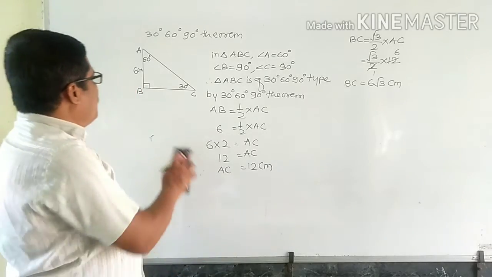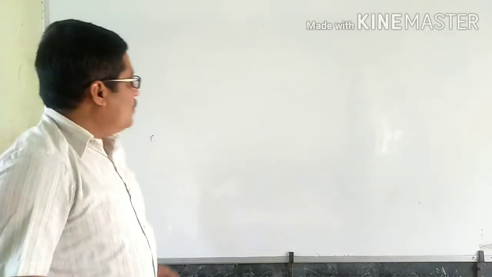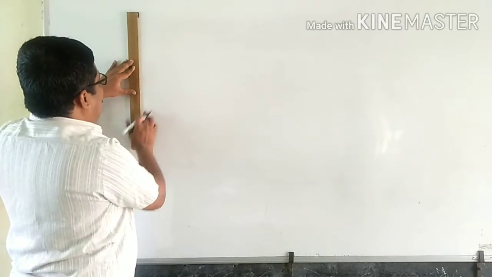Now next is the 45, 45, 90 theorem. For that we have to draw a triangle.